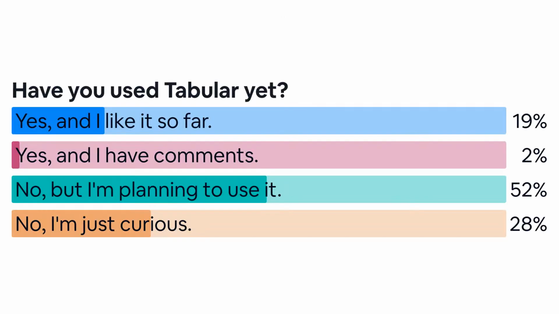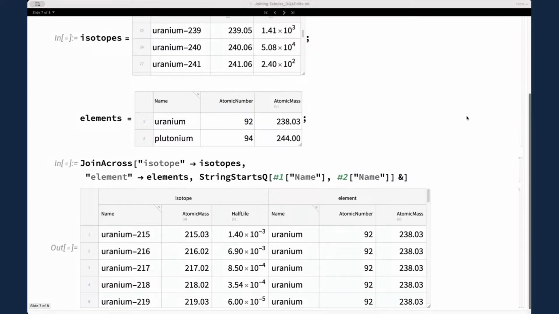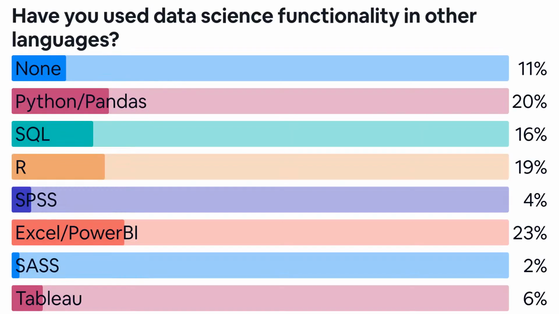And if this person would like to take the survey and tell us something about it, we'll be happy to reply. I hope that all the persons that are curious are going to try it out. It's also very interesting to look at what other data science functionalities people have used.